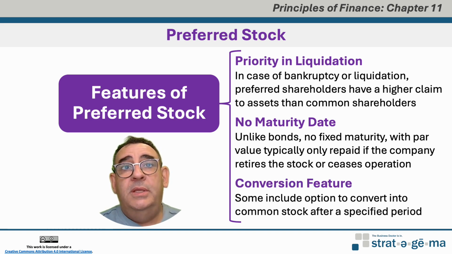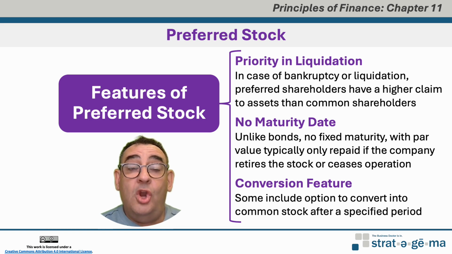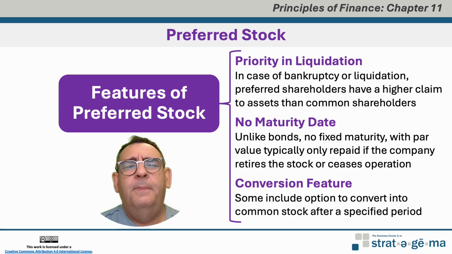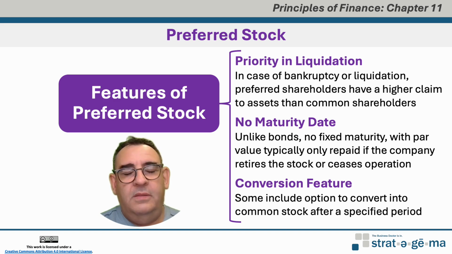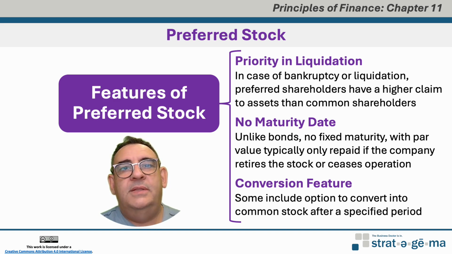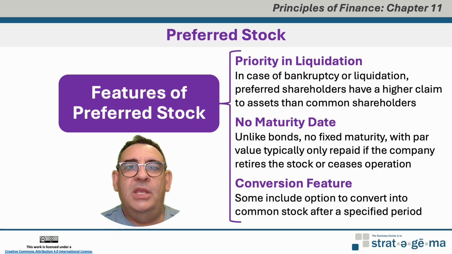And in addition, preferred shares can be converted, not all of them, but some of them can be converted to common shares after a specific period of time. Now, why might you want to do that? What we'll find out is the value of a preferred share is essentially based only on its dividend cash flow. And there really isn't any capital appreciation that comes from it because, as you'll see, a preferred share is a perpetuity.